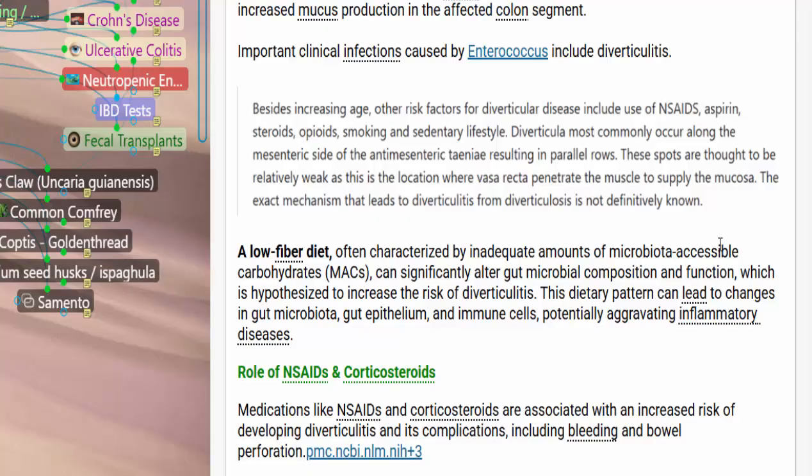That can increase the risk of diverticulitis. This dietary pattern can lead to changes in the gut microbiota, the gut epithelium, and immune cells, aggravating inflammatory diseases.